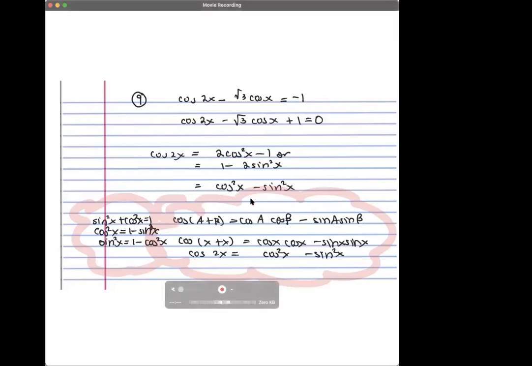And that's what I'm going to do. I'm going to replace this formula here where it says the sine squared x. I'm going to put in that 1 minus cosine squared x. And when I subtract, a negative minus a negative is going to give me a second cosine squared x minus 1. So that's why I know it's going to be this formula here.